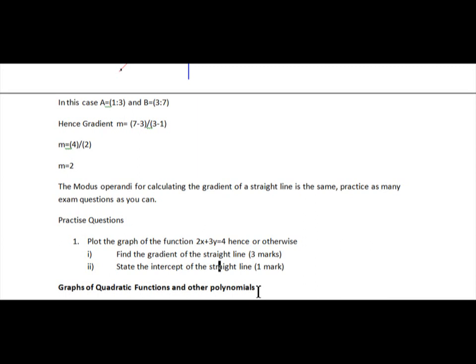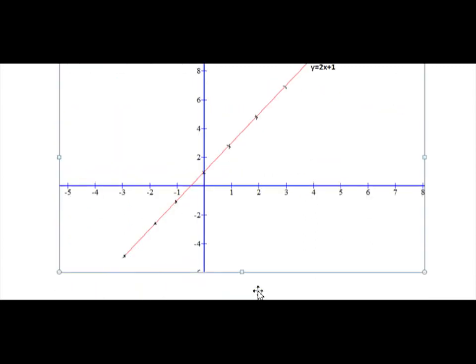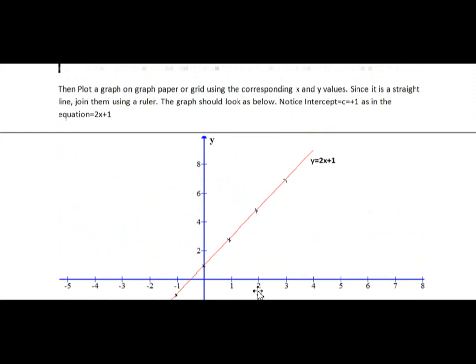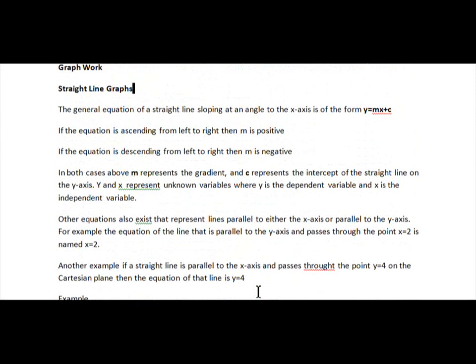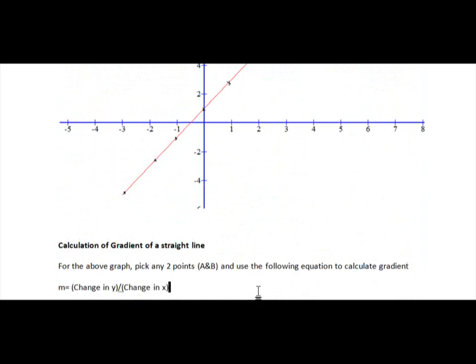Right, I hope this is going to assist you in your ordinary level mathematics when it comes to how to draw straight lines and how to get the gradient of a straight line.